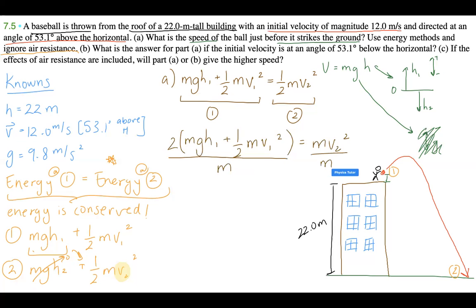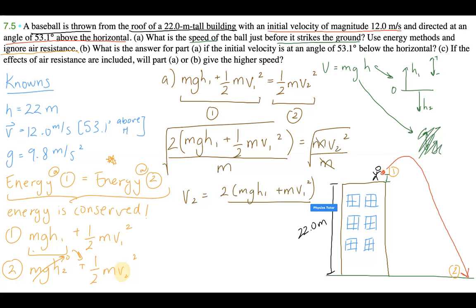And then we're just left with v2 squared. So then we're going to square root both sides. And that means that v2 is equal to the square root of 2 mgh1 plus mv1 squared over m.